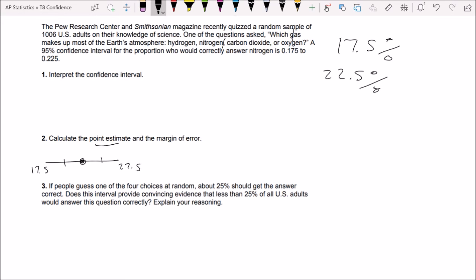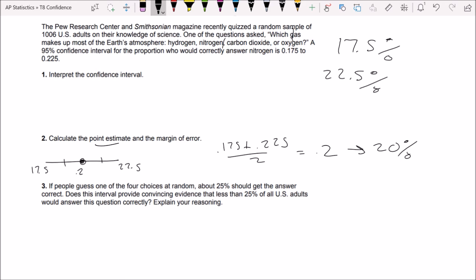So we just need to figure out what number's in the middle of that. It will always work to just find the average of those. So 0.175 plus 0.225, divided by 2, and you get 0.2, or if you wanted to, you could interpret that as the point estimate was 20%. In layman's terms, that means that when they conducted this survey, 20% of the people answered correctly.